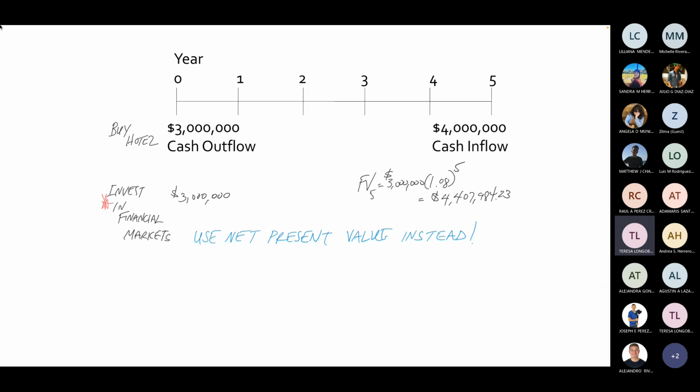And further than that, we can understand what we can leverage against them. So if I know so much money is coming to me in the future, what could I do with it today? It's that same idea of what things are worth to me now, because now is when I'm going to make a decision about the future. All right, so the net present value works like this.